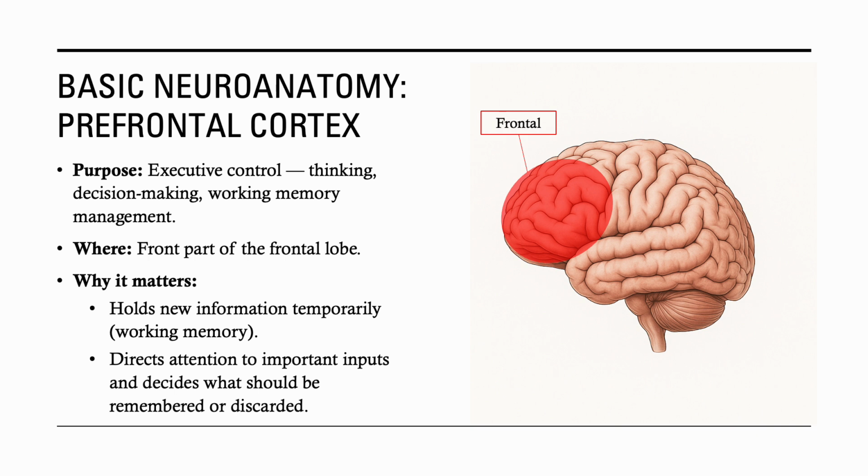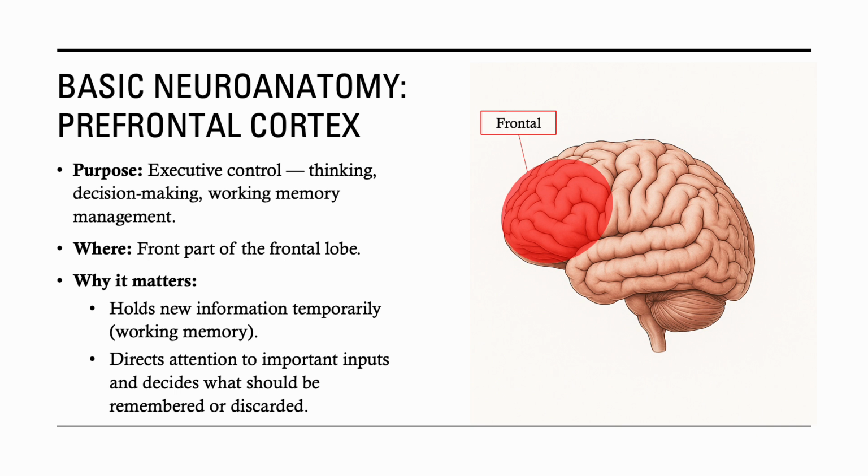So it needs something that controls what we focus on, what we hold on to, and what we let go. And that's where the prefrontal cortex comes in. I like to think of it as the brain's air traffic controller. It's constantly juggling inputs, making quick decisions, and keeping everything organized so that real learning can happen.